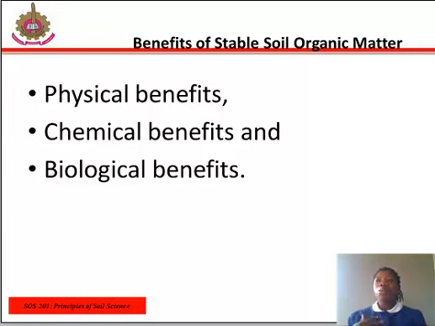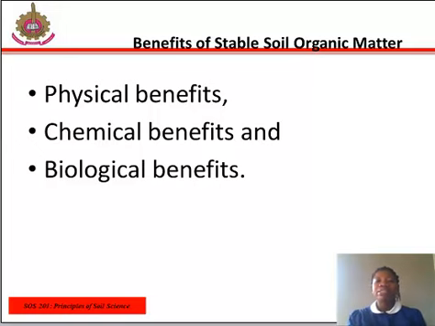It improves water holding capacity. Also, it reduces the stickiness of clay soils, making them easier to till. Also, it reduces surface crusting, facilitating seedbed preparation.